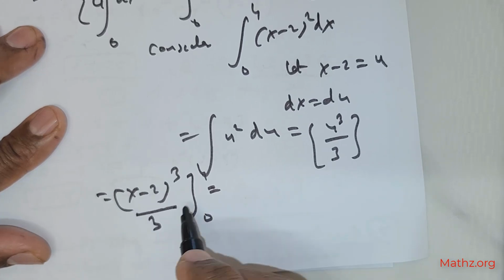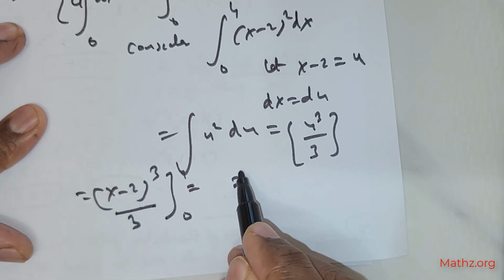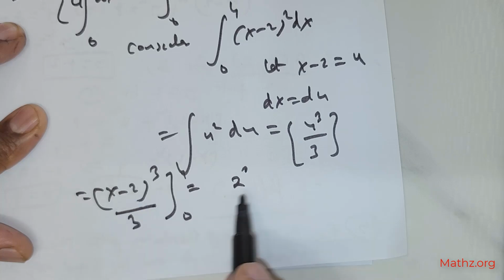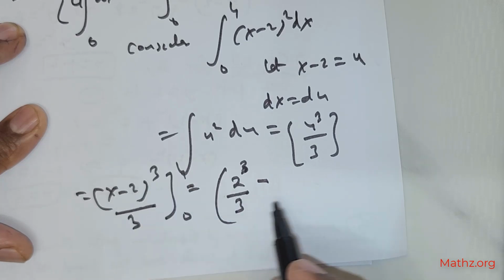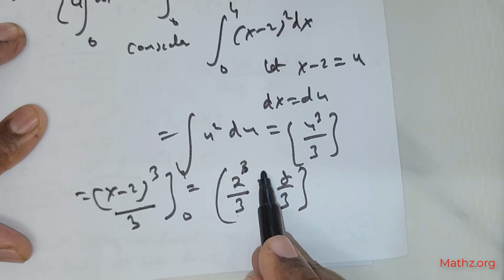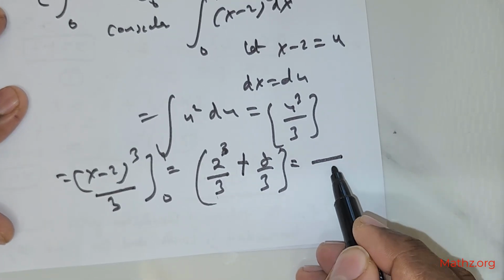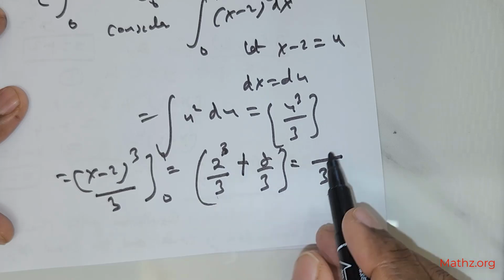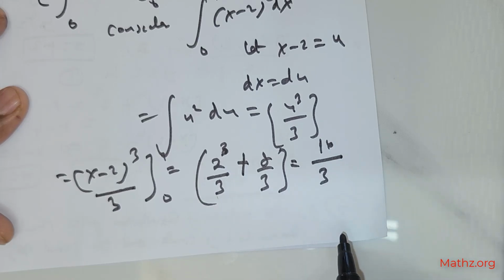Limits are 0 to 4, so you place the upper limit, you get 4 - 2, that's going to be 2 raised to the power of 3, divided by 3, minus the lower limit. So apparently when you substitute the upper limit you're getting 2, so that's 8 over 3. Negative, when you substitute 0 you are getting (-2) raised to the power of 3, that's negative 8, but apparently there are two negatives, so this is going to be positive. So you sum it up, you get 8 plus 8, that's 16 over 3 will be the value for this integral.